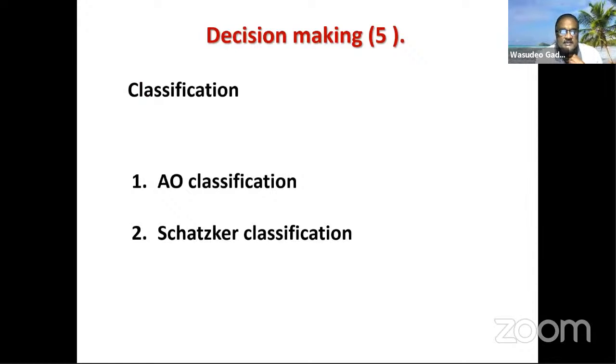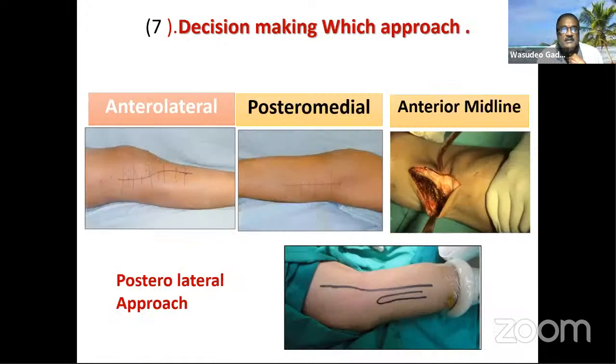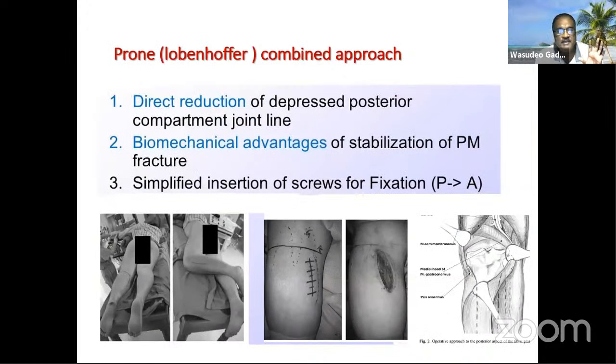AO classification and Schatzker classification are at our service. But most important now is the three-column and four-column concept of complex articular involvement, and that is the new thing added in the arena of treatment planning. Decision on which approach: anterolateral, posteromedial, anterior midline, or posterolateral, we have to choose depending on the morphology of the fracture.